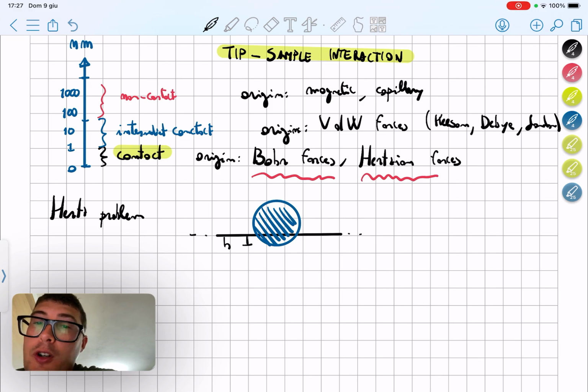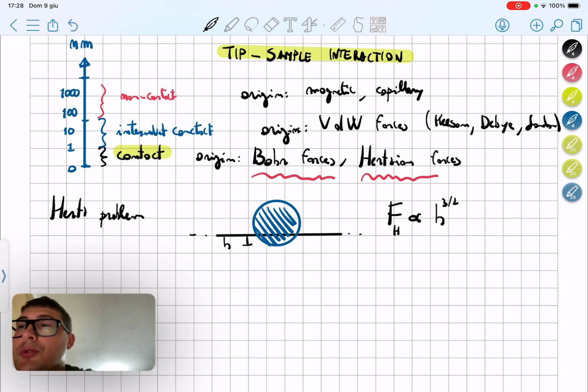There are some repulsive forces, and allow me to put a little h down here to remind us that these are Hertz forces, which are proportional to this indentation to the power of 3/2. Because of this indentation, there will be a repulsive force experienced.